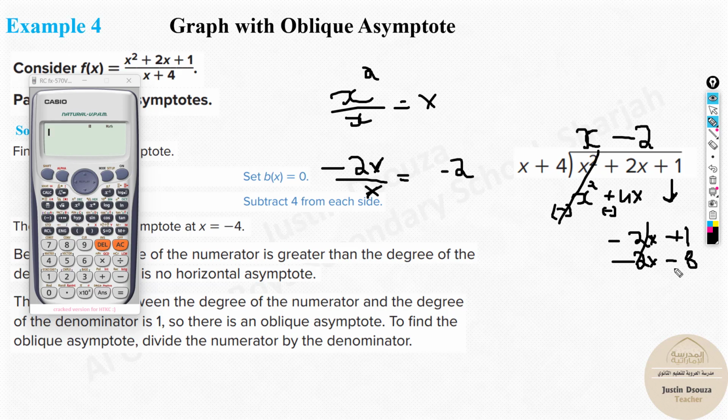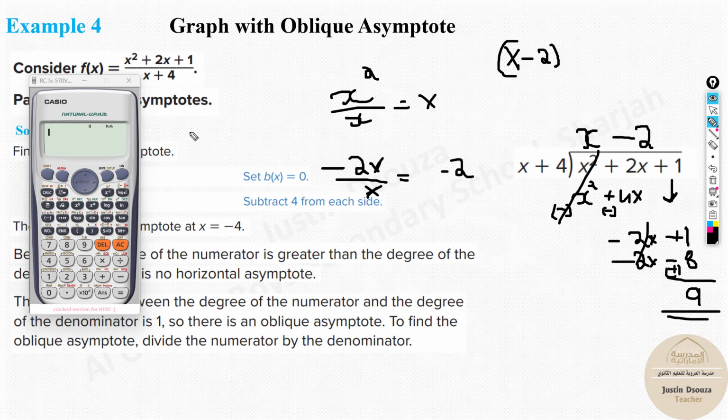And now this cancels, the sign changes over here, since it's only one term, 9, and there are no terms to bring down. This is your remainder, this is the quotient. Quotient is the answer by division.